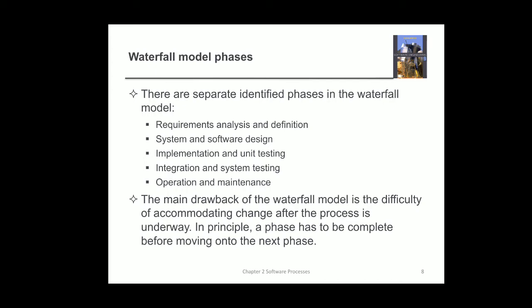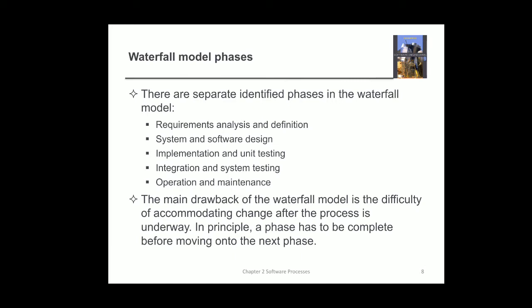Software design involves identifying and describing the fundamental software system abstractions and their relationships. If you want to build software, it can be divided into multiple pieces. Here you have to identify how one part is related to another, how it is connected with other things. That is what we have in the system and software design phase.